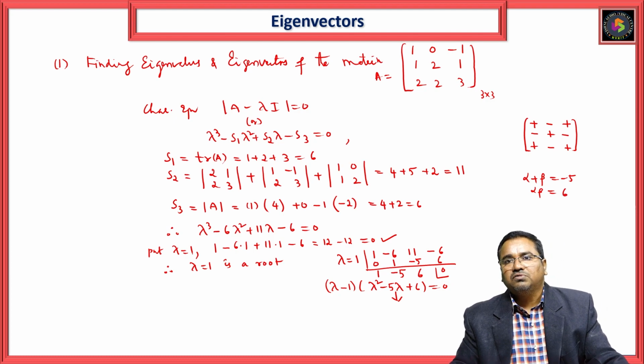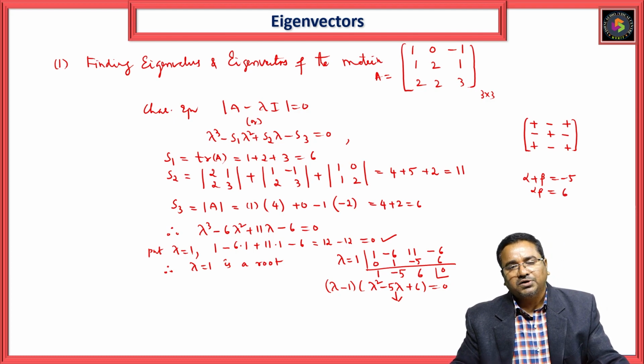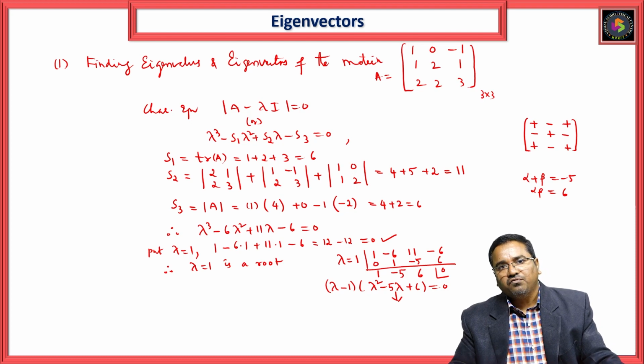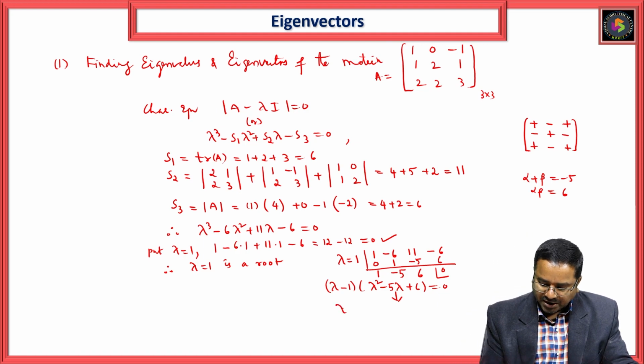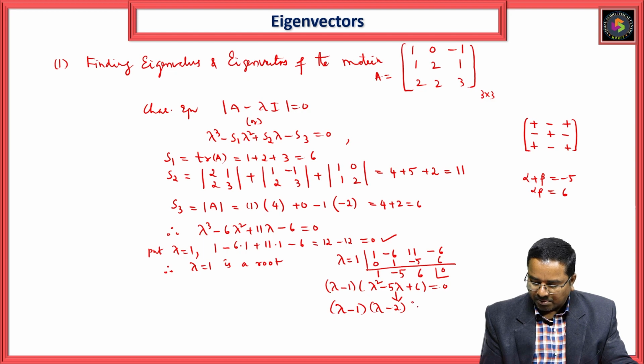So the numbers are -2 and -3. If you add them, you get -5, and -2 times -3 gives 6. Therefore, lambda minus 1 is a factor, and I am writing lambda -2, lambda -3.